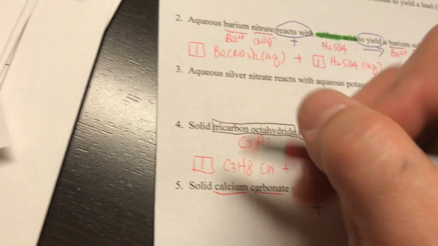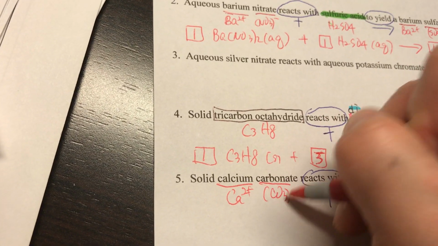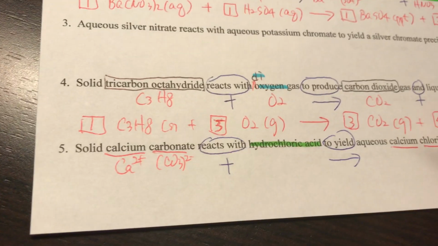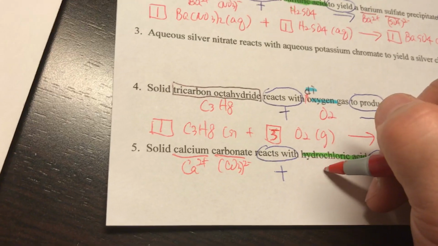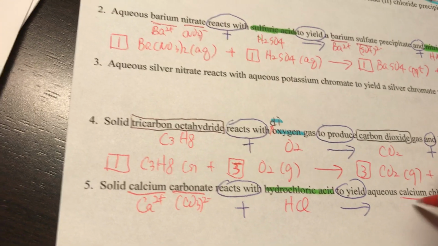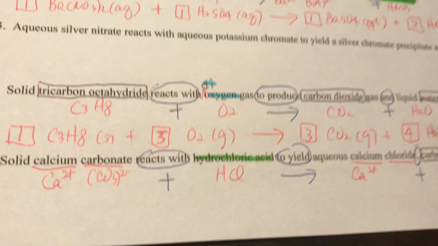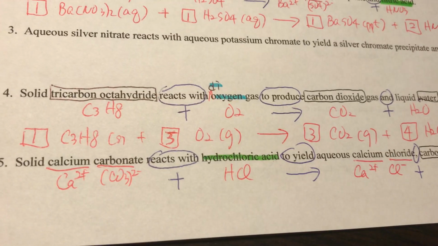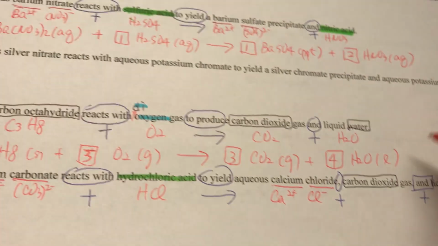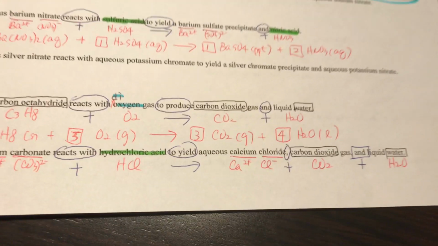This is ionic, so I have to write some charges. Ca2+, parentheses, CO3 2 minus, carbonate, you can find it from the polyatomic sheet. Hydrochloric acid, I can find it from the box up there, HCl. Calcium chloride is Ca2+ and Cl minus. And carbon dioxide, CO2, and water, something like that. Okay, so we finally need to do crossover.